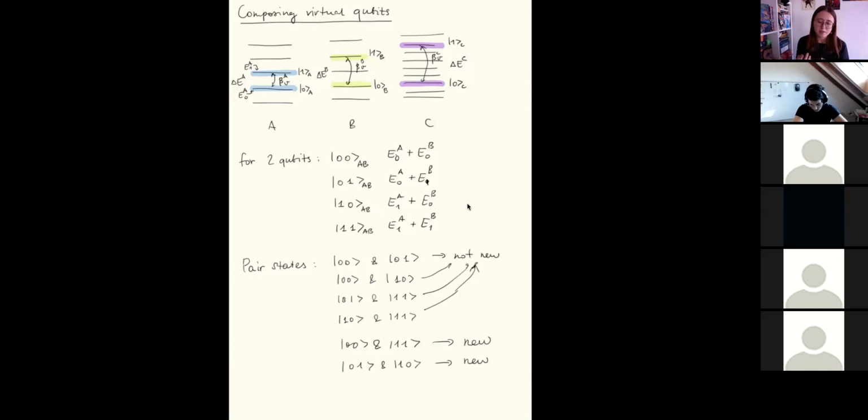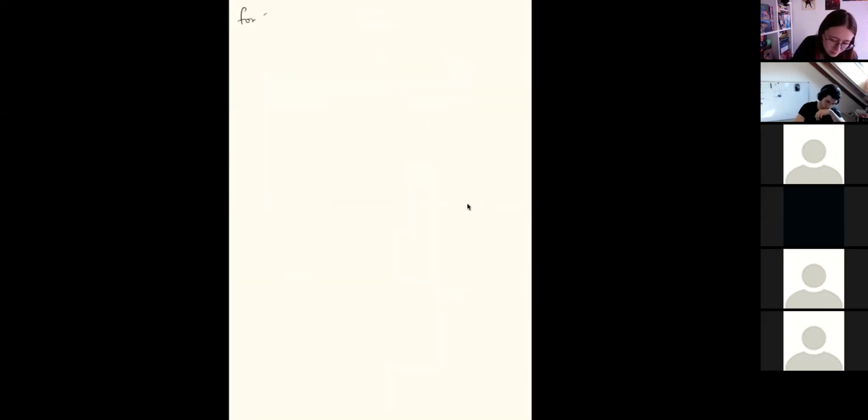And so let us now use this intuition to see what happens for the case of 3 qubits. For 3 qubits, we would have 2 to the power 3, 8 eigenstates.